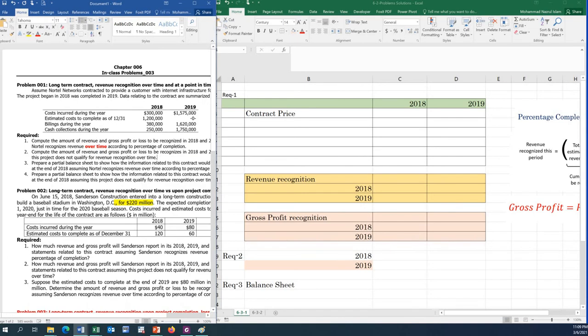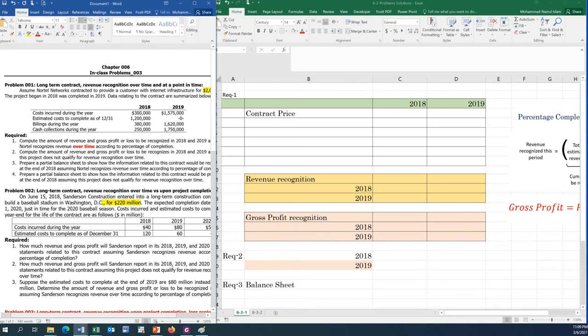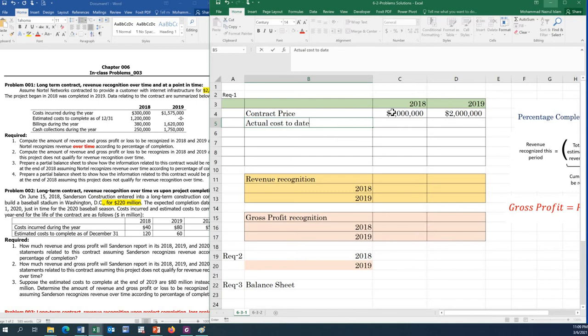They want to recognize revenue over the year. So here is requirement number one. Let's start with the contract price. The contract price is 2 million. Then the actual cost to date.